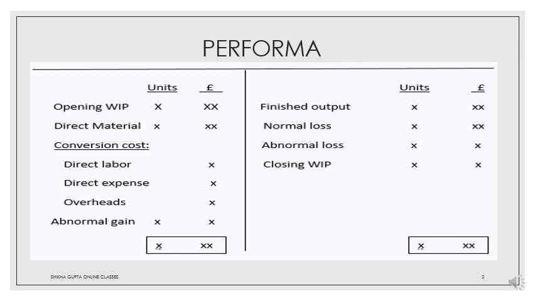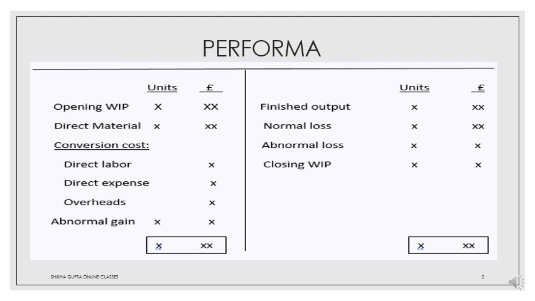We have certain opening WIP, that is work in progress, meaning anything which is given to you in the question which is carried forward from the previous month or previous year, right? And similarly we have the closing of all these things, like closing WIP, which must be given to you in the question, and finished output, which can also be given to you in the question.